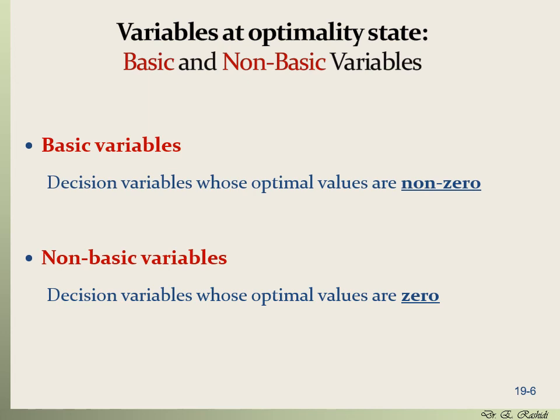So how is this relatable? For example, if x1, x2, x3 are each the decision variable to make product type 1, type 2, type 3, the basic variable means produce these types of product, and the non-basic variable says, okay, do not produce these types of product. For example, produce zappers or produce space rays or whatever the context of the problem is.